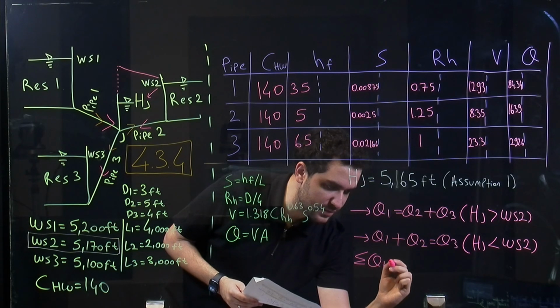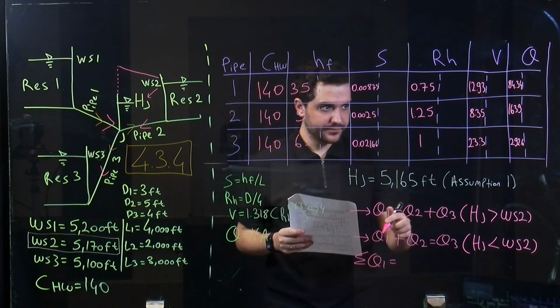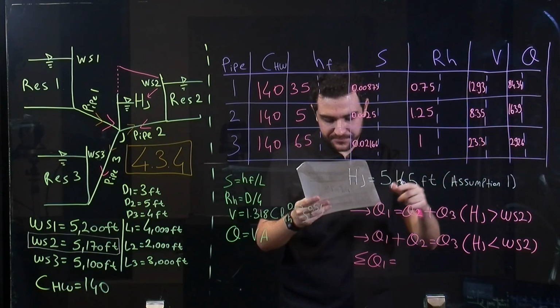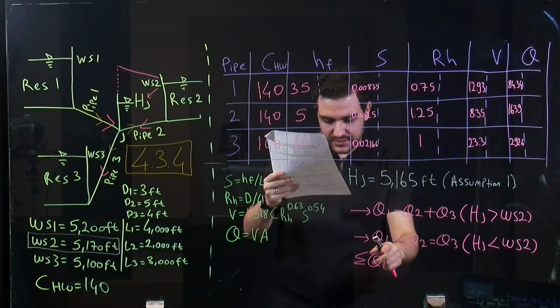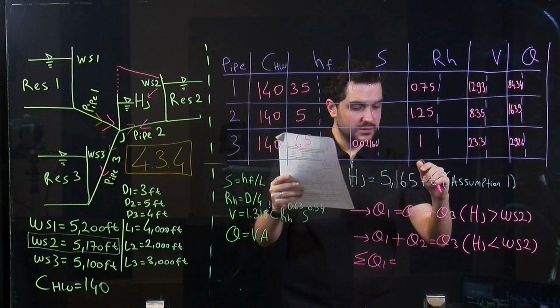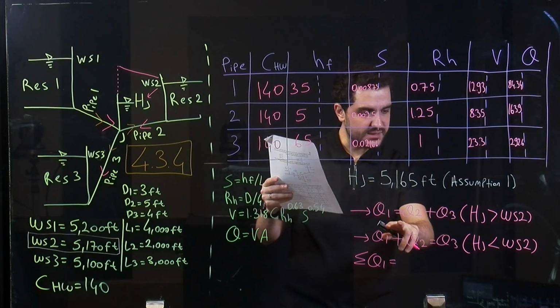So the first one will give, so we have Q1 here, Q2, Q3, and when we do that, it is going to give, just a second.